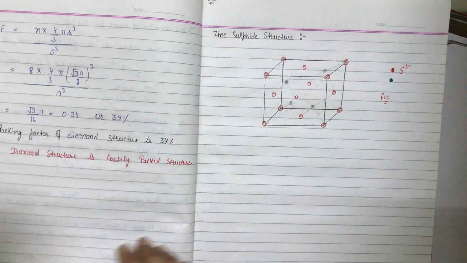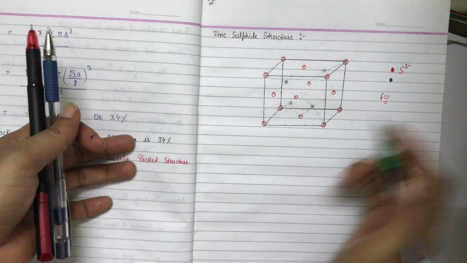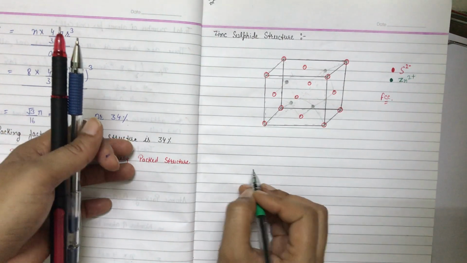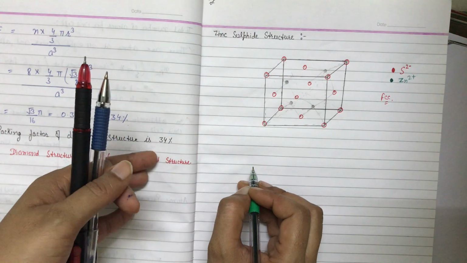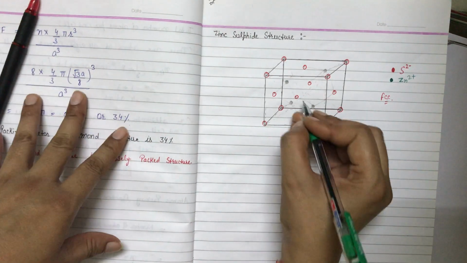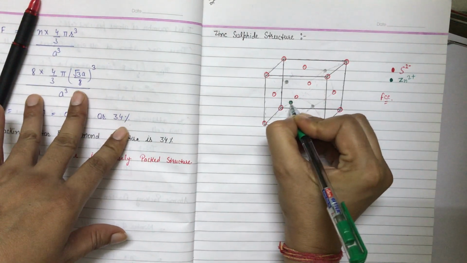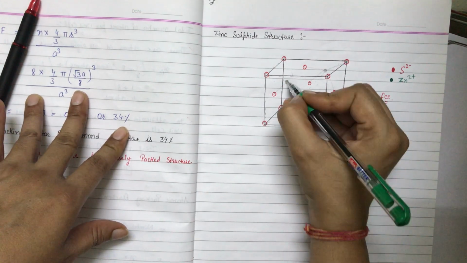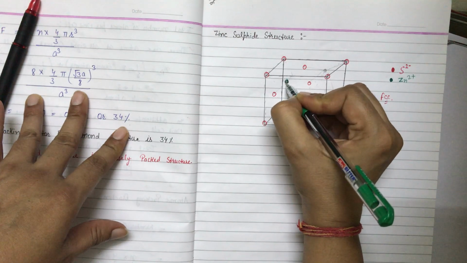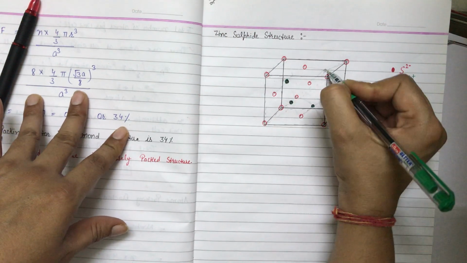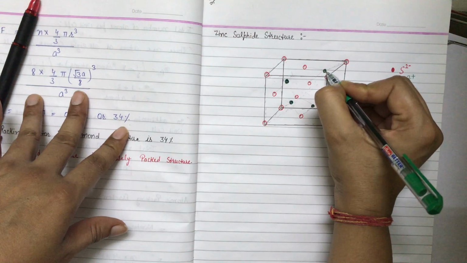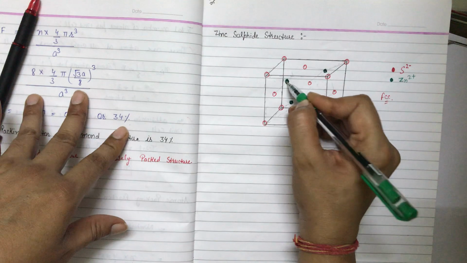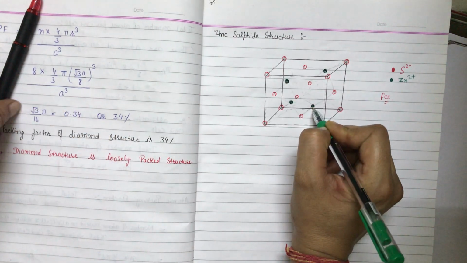Now next is the zinc ion, which is zinc 2 plus. This zinc 2 plus is located along the 1/4 of the body diagonal, which is this location. This is the same as in diamond, but in diamond these body diagonals also have carbon atoms, whereas in the zinc sulfide structure, these 4 body diagonal locations are for the zinc 2 plus ion.